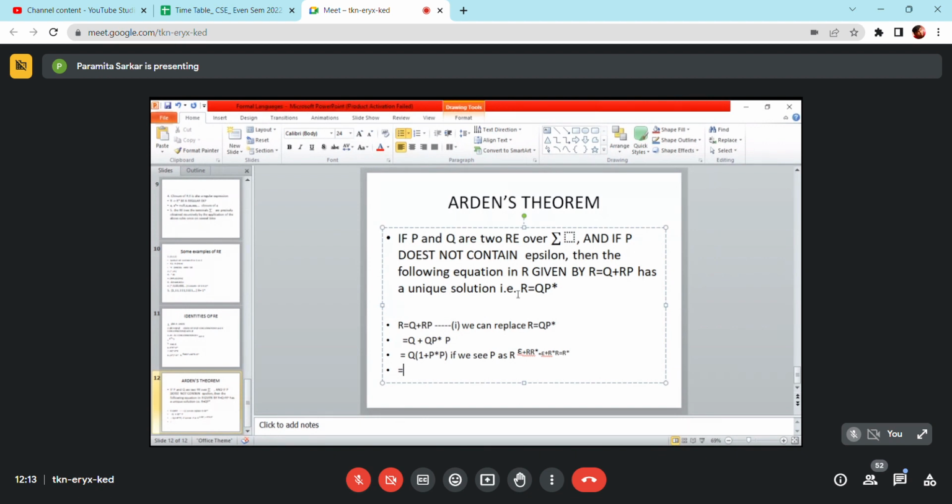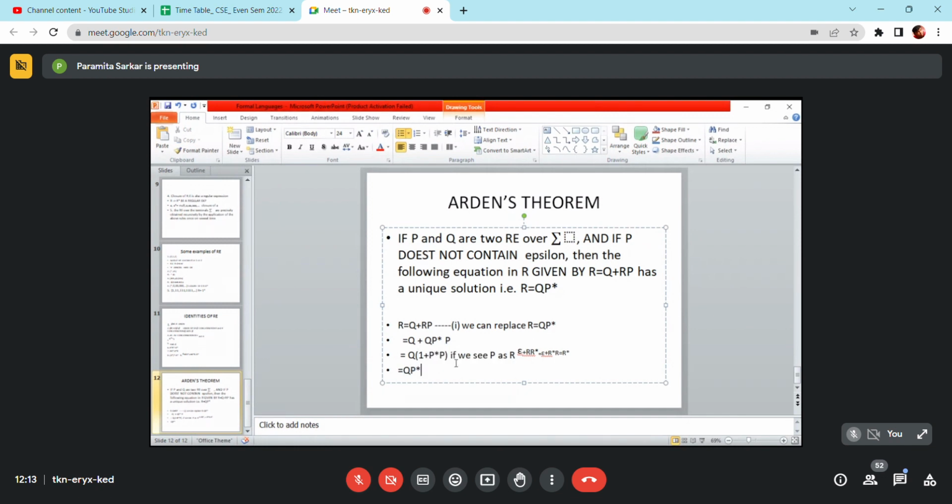R star is epsilon plus R star R. So here, instead of this, you just write this whole thing as P star, because we are replacing P by R here. Following this identity, we can write this as P star by identity 9.